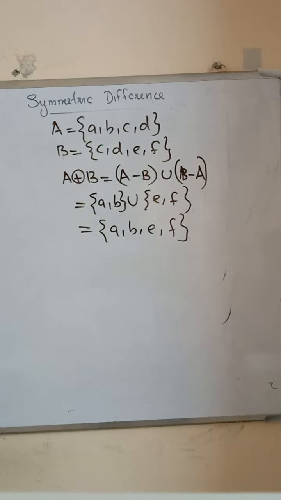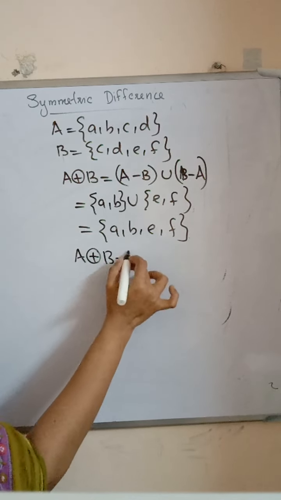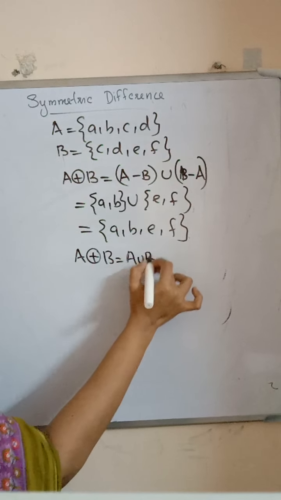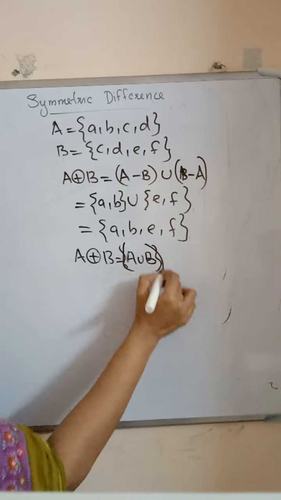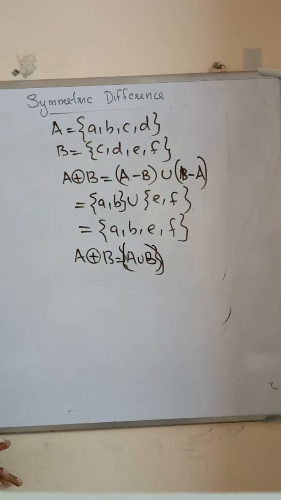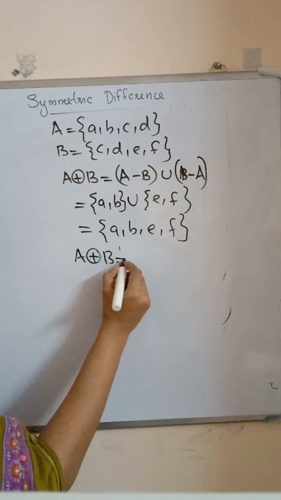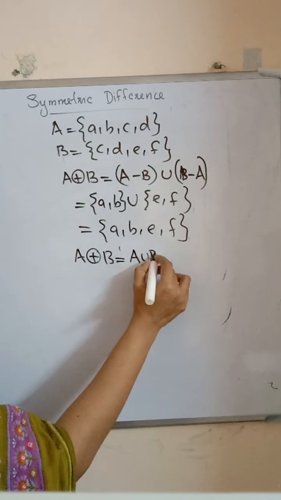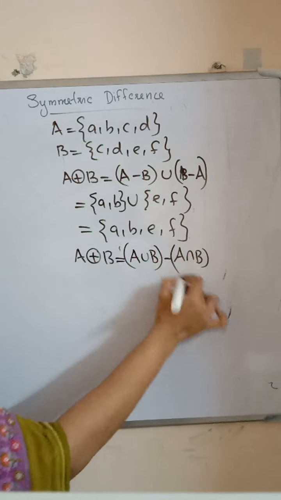Check the second equation also. So A Δ B is equal to (A union B) difference (A intersection B).